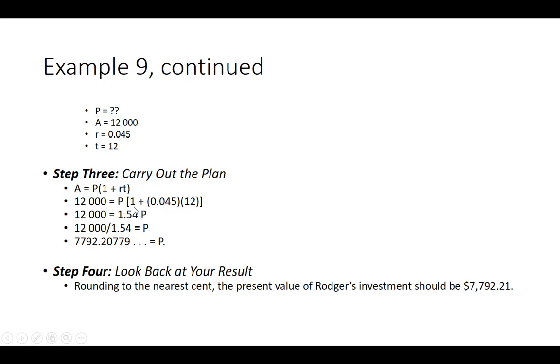So the right side of the equation becomes 1.54 times P. Divide both sides by 1.54 to get P. 12,000 divided by 1.54 is 7,792.20779, and then a whole bunch of other numbers. We only need to see this first 7 to see that the 0 is going to round up to a 1. So rounded to the nearest cent, the present value of Roger's investment should be $7,792.21.